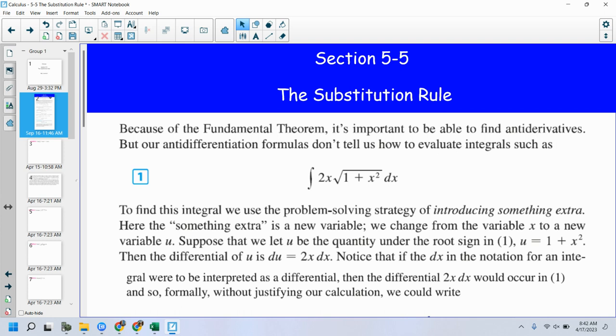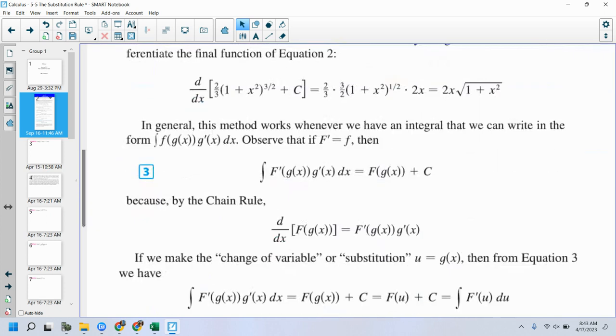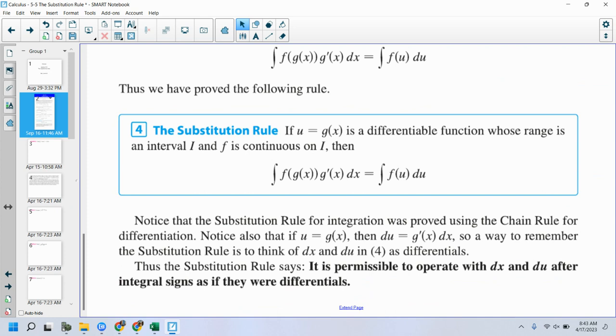Take a look up on the screen at this function, where we have almost a composition look to it. I've got a square root of another function and then something going on the outside. How do we integrate that? We don't know right now. But there is a technique you can use to work your way around it. Let me show you. It's called the substitution rule.